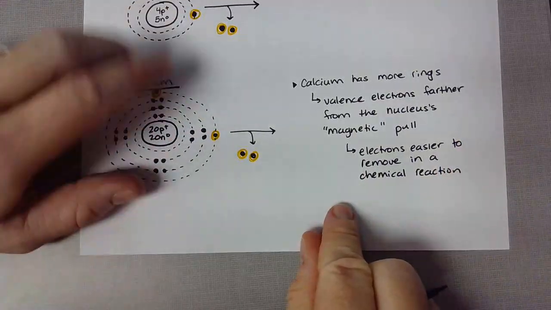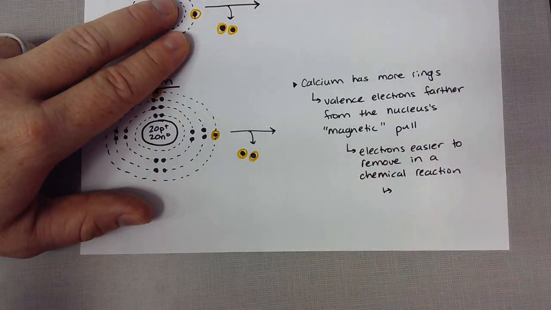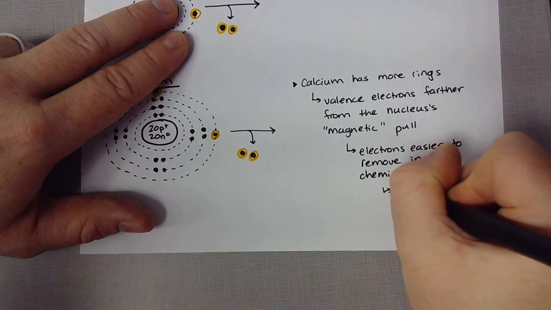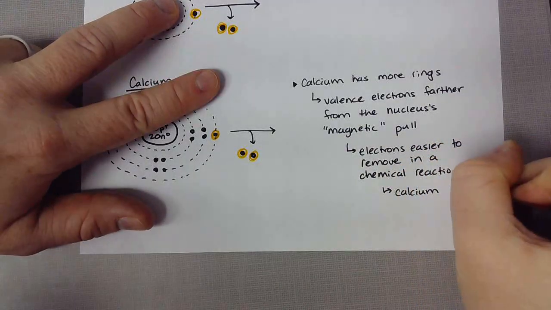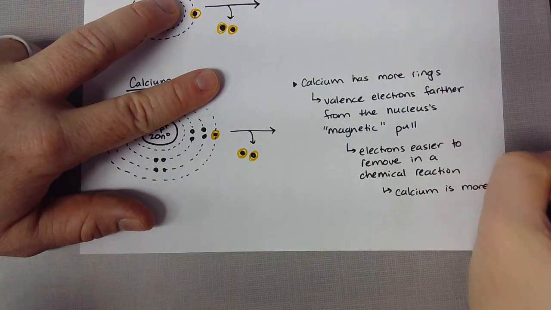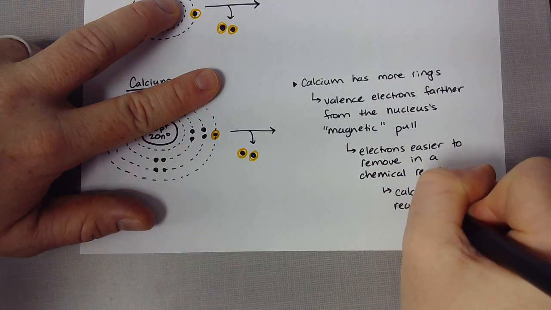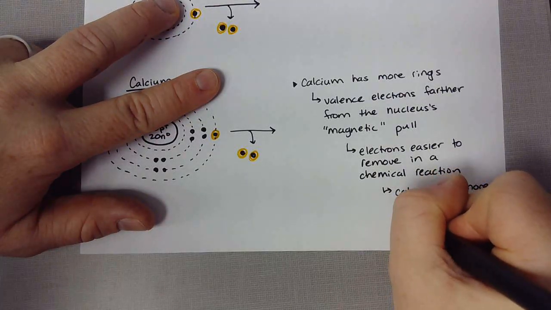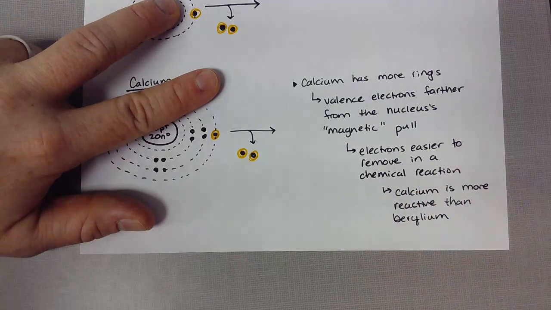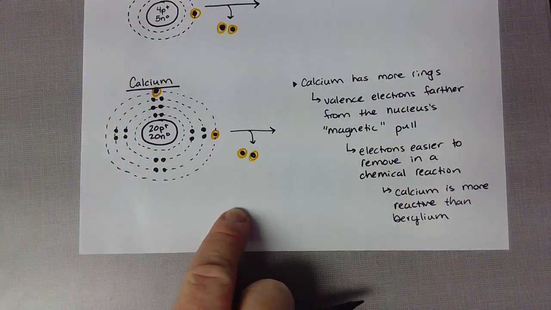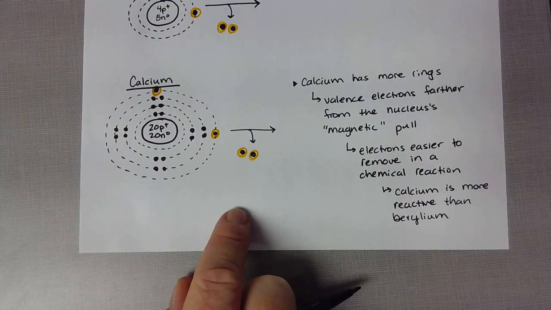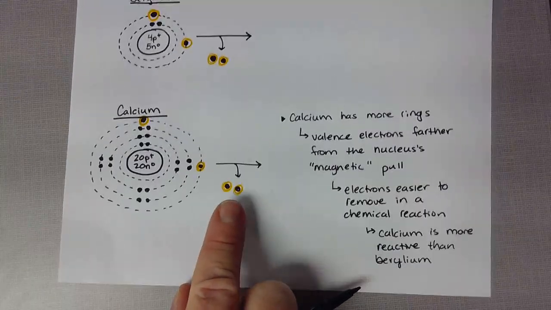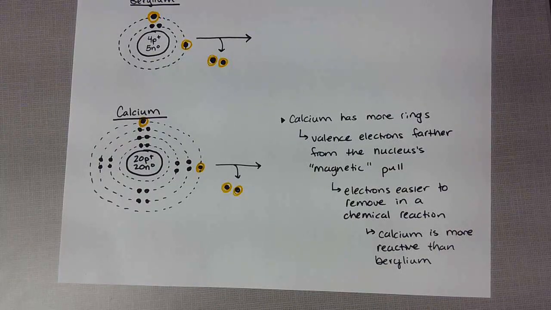Which means we can predict that calcium is going to react more readily. So that's what we're going to be looking at in this unit. We're going to be looking at comparing elements and using trends to identify different traits for pairs of elements.